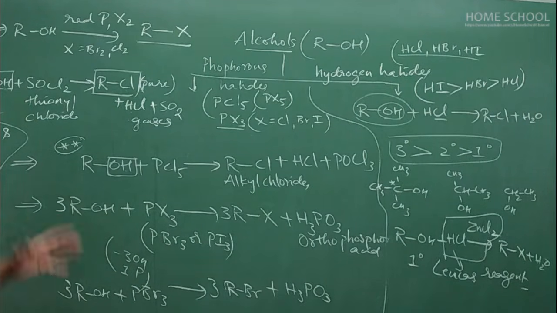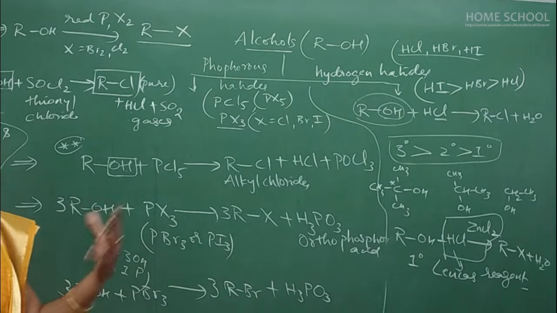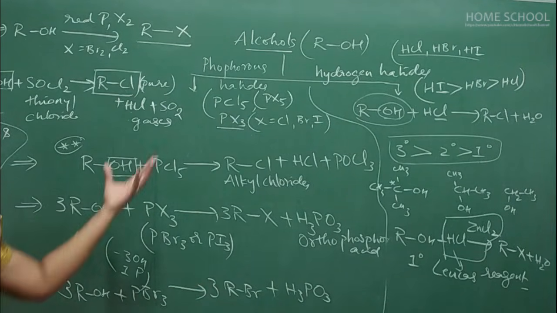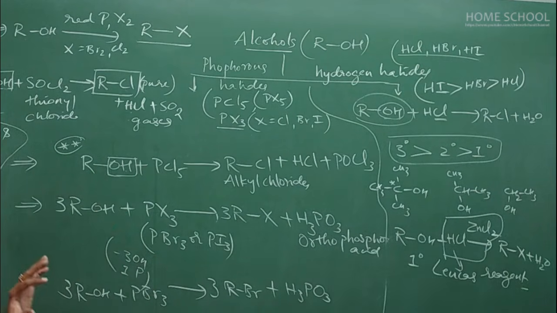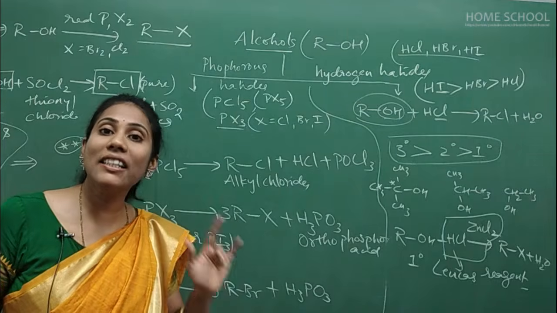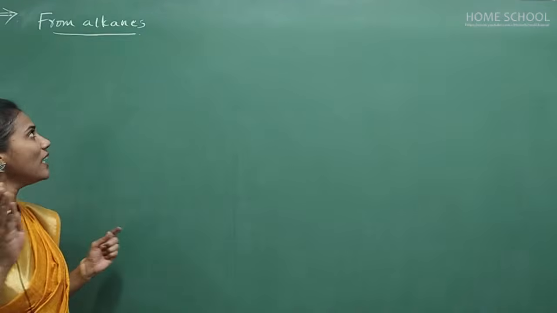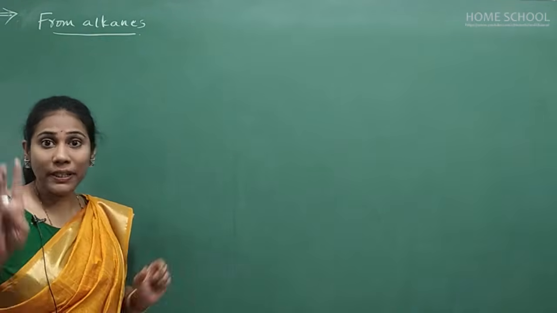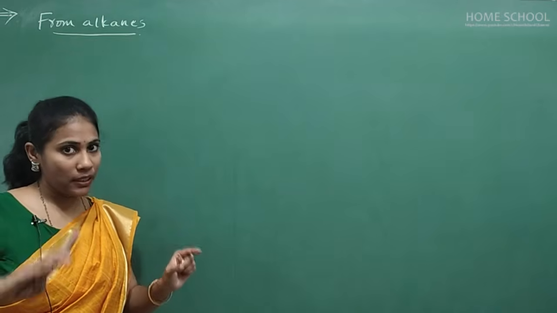So here is a list of all the varieties of reactions for preparing alkyl halides from alcohols. Now let us understand how we prepare alkyl halides from alkanes. Preparation from alkanes is actually very simple, but you have to be careful about one particular point.